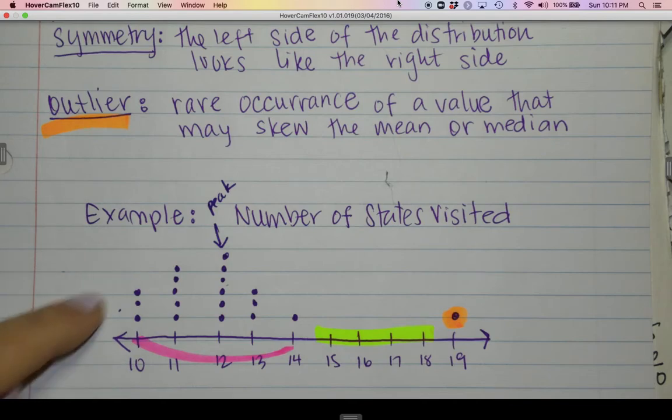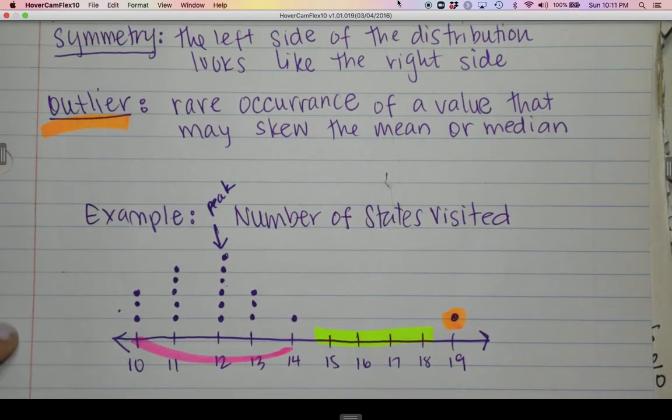If I had an outlier way down here that was like 2 or 3 states visited, that would also skew my data. It would make it go lower. It would be less likely that my mean is close to 12.